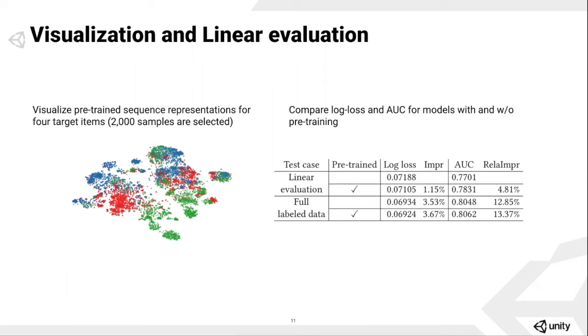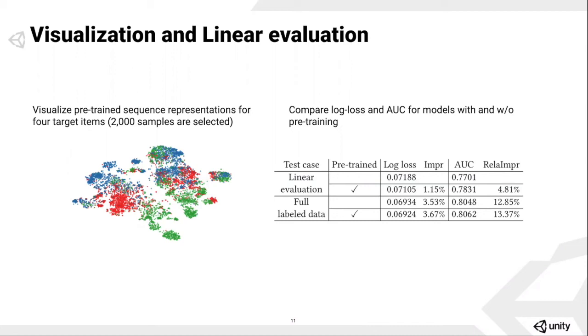On the left side, different colors represent different target items. From the visualization, we can see the representation has some kind of clustering effect on the target items, even though target items are never used as labels in the pre-training phase. On the right side, we compare the results of linear evaluation and the models trained with all labels.